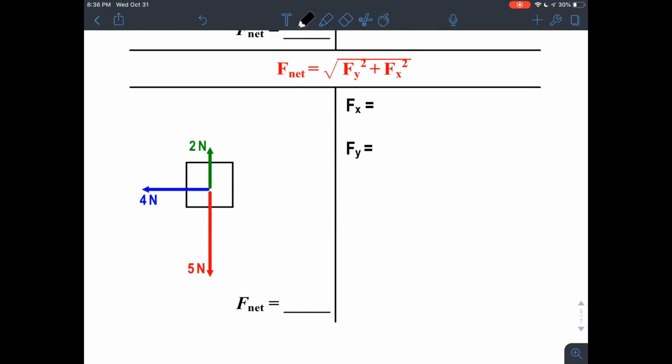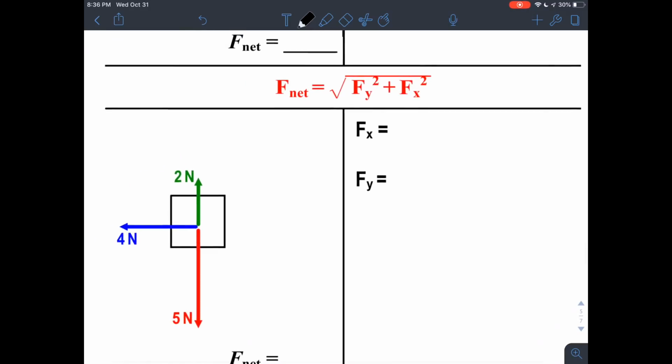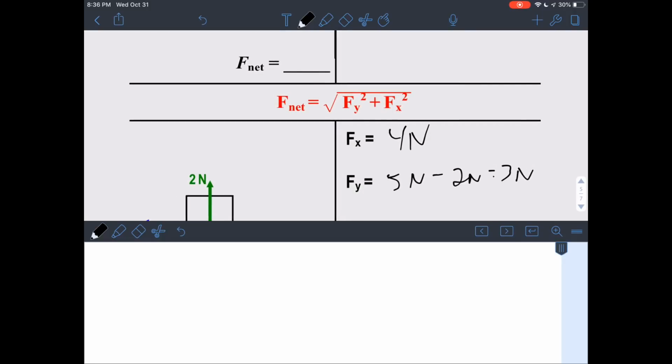For our next one, we have 2 newtons up, 5 newtons down, and we have 4 newtons to the left. So again, we look at our forces. Our Fx in this case is 4 newtons. Our Fy is going to be our 5 newtons down minus our 2 newtons up, which is going to be 3 newtons down. So now we need to do our F net equation yet again.